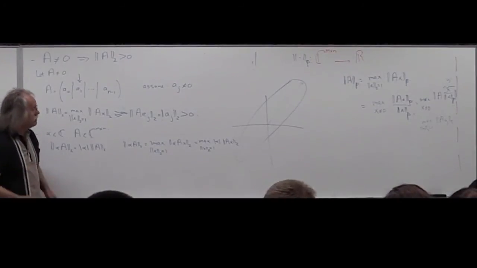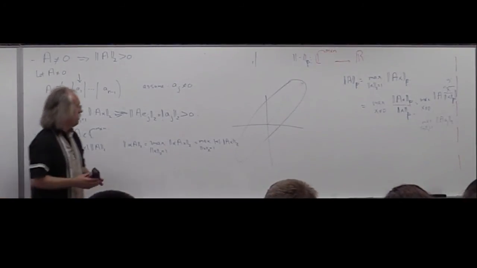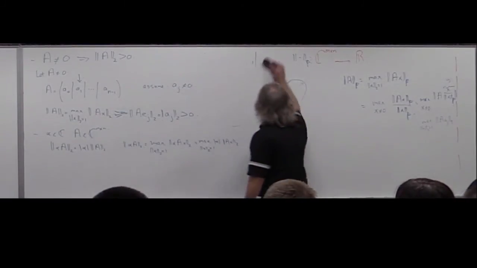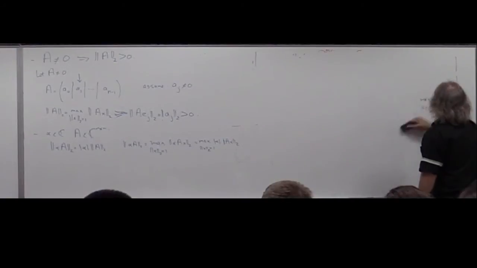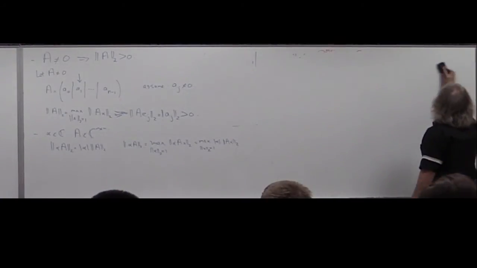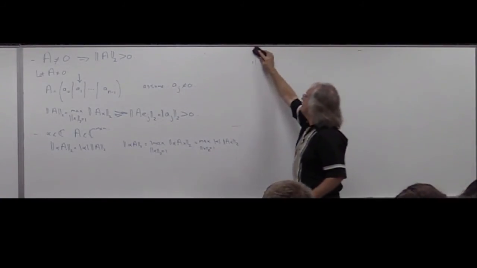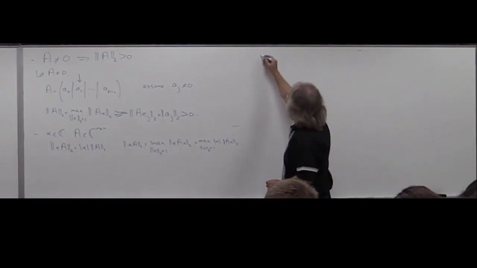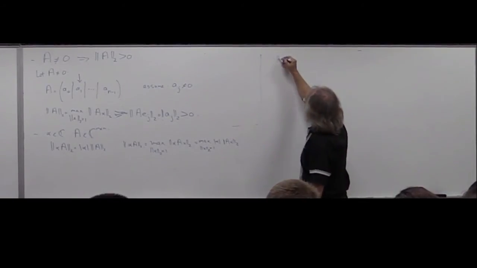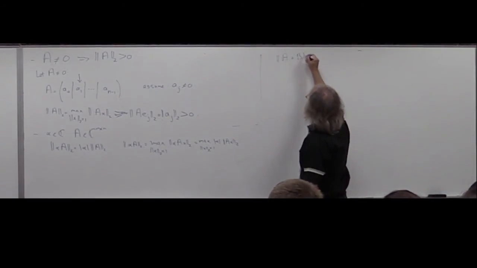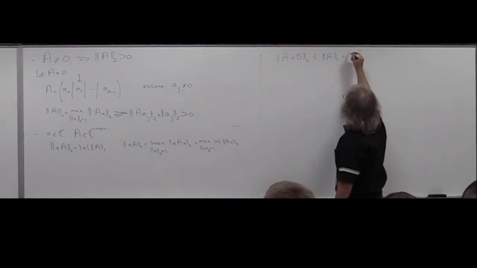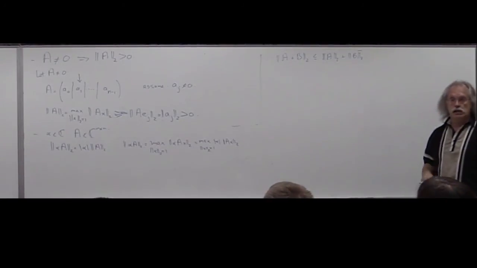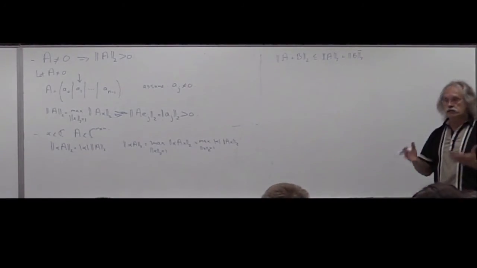I'm starting to go a little fast because we've got stuff to get through. And then finally, we have to prove the triangle inequality. So we need to prove that A plus B in 2 norm is bounded by A in 2 norm plus B in 2 norm. And again, every one of these proofs is the same.